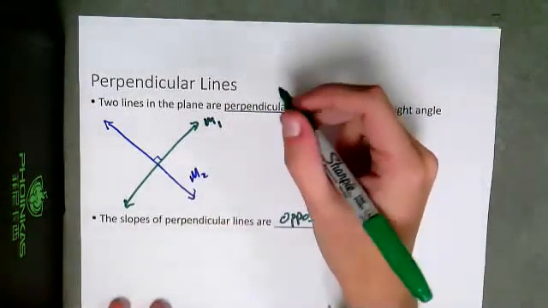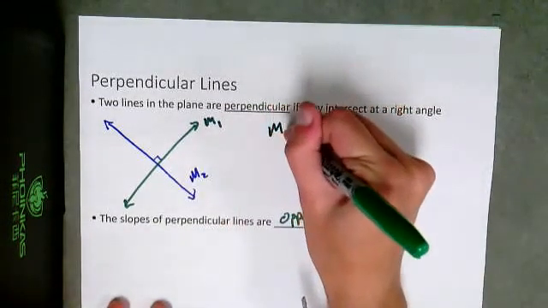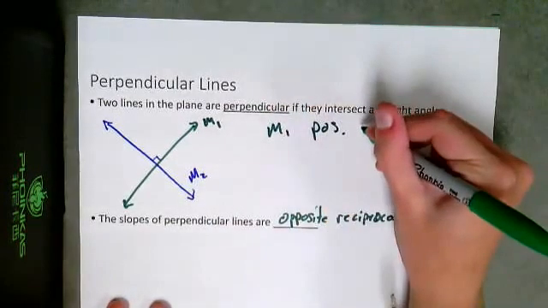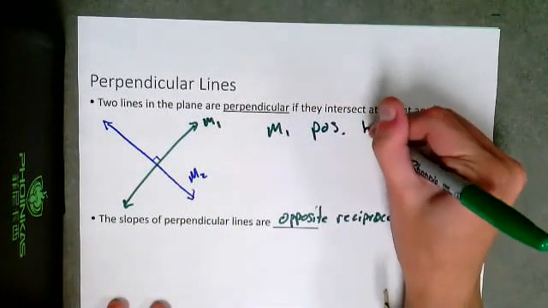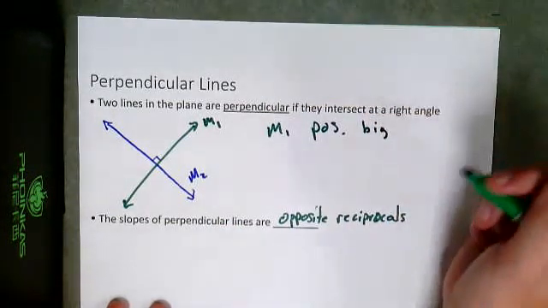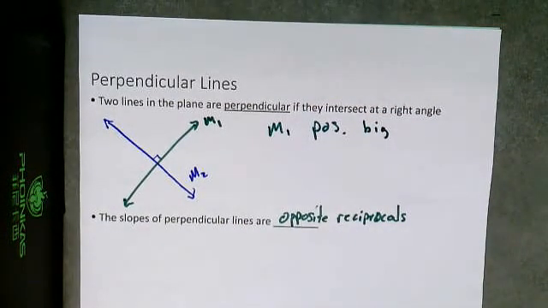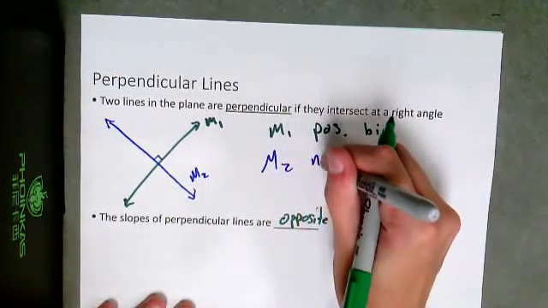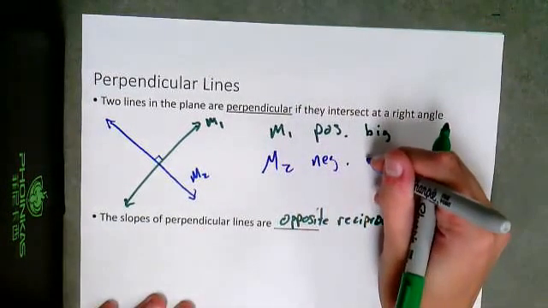In this instance, M1 is positive and big. Could have drawn that a little bit better. But anyway, M2 is negative and small.